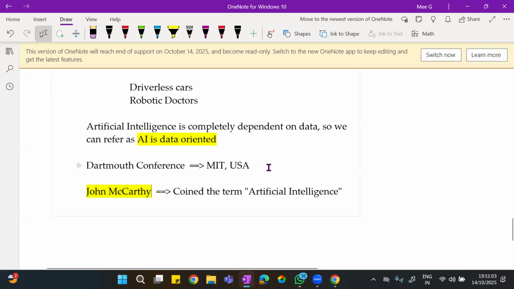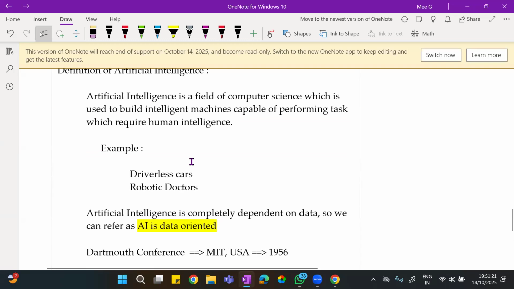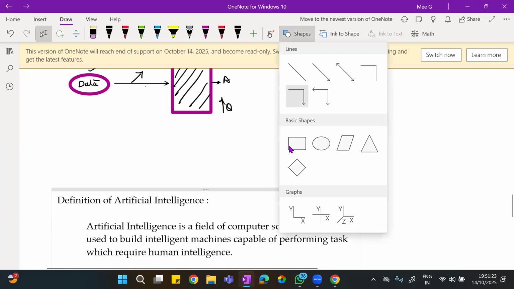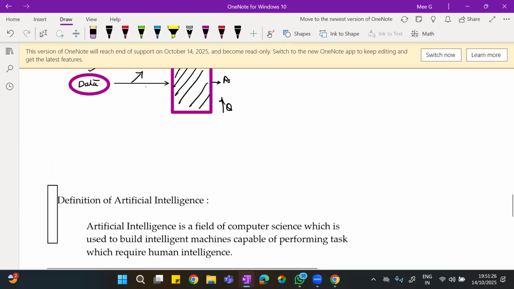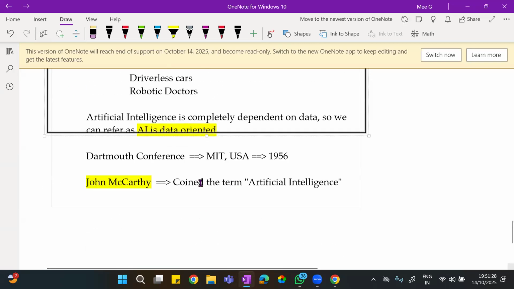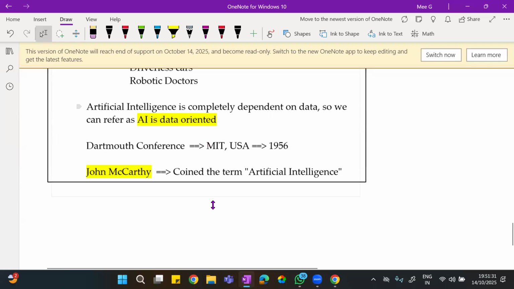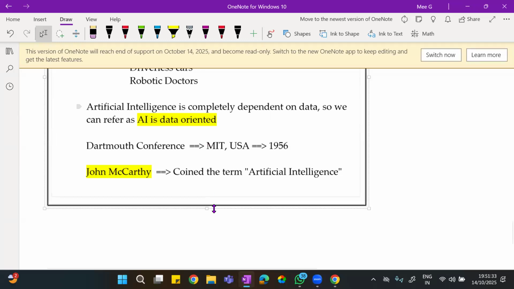This was in the year 1956. Okay, this gentleman came down and started speaking. Again, you should understand one thing. When John McCarthy came onto the dais of this conference and started speaking, he was explaining how to make an intelligent machine, an end-to-end process.